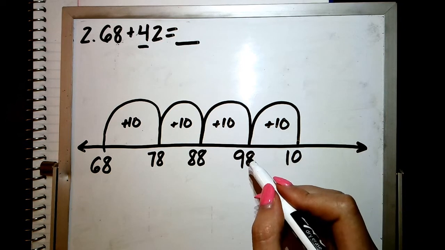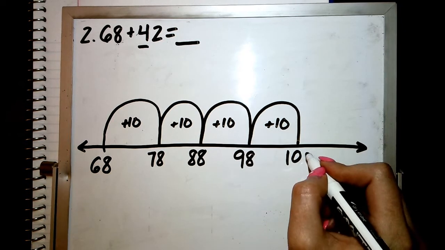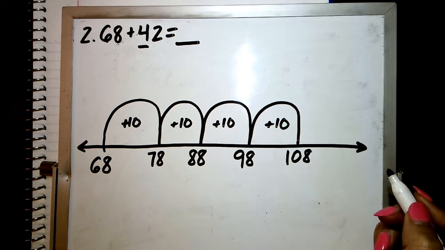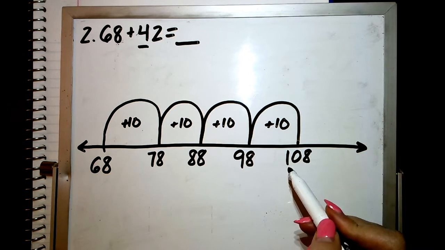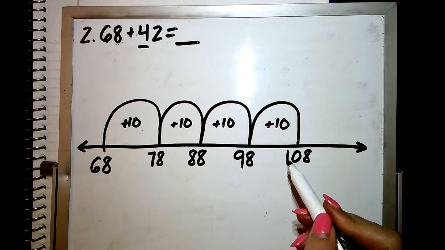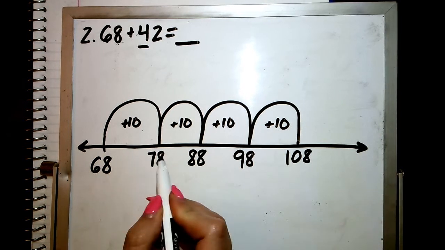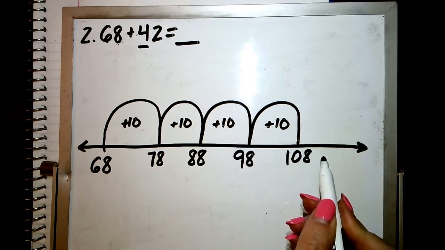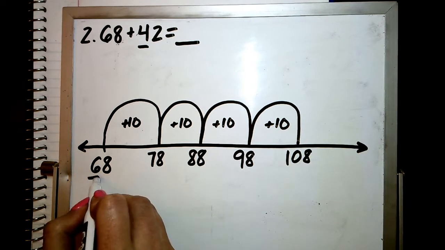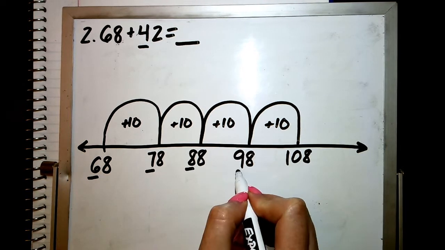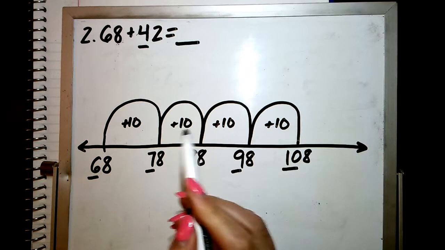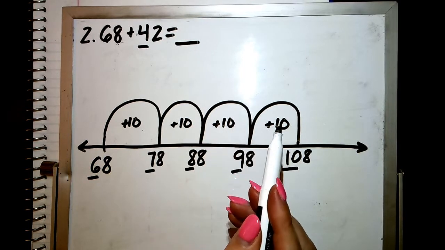But we do still have our 8 ones. Remember, those did not change. So we have 108. 100, no tens because I used them all for my group of 100, and our 8 ones left. So again, our ones place stayed the same because we didn't need to touch those, but our tens place went up by 1 each time because we added one group of 10 each time.